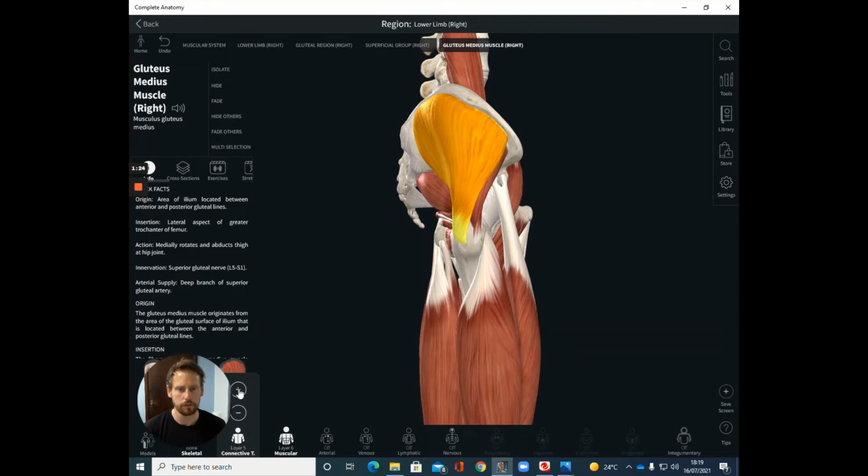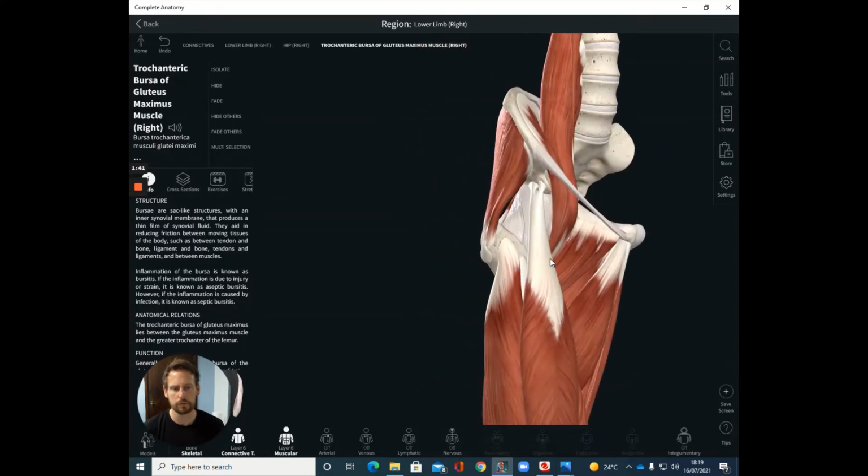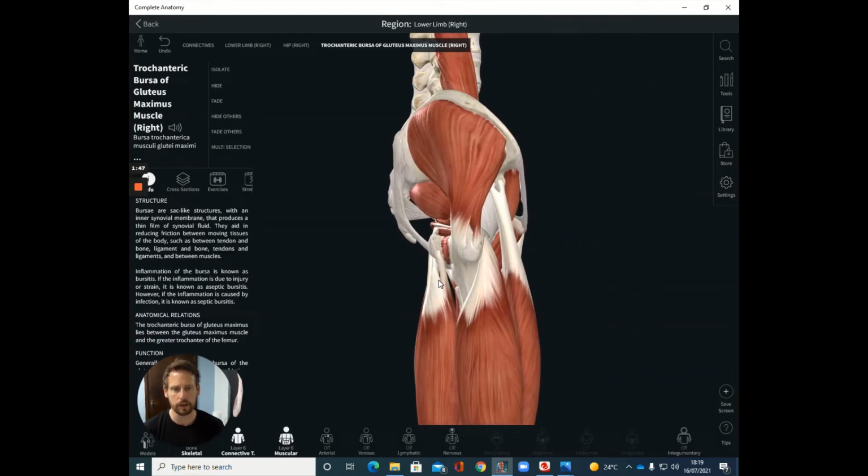So this condition, we used to think it was caused by irritation of this bursa. So the most common treatment for it was having a steroid injection into the bursa, usually given by your GP or maybe by your physio, and that sometimes helped pain in a small proportion of people with this type of hip pain, but they often found that it came back and it only gave them short-term relief.